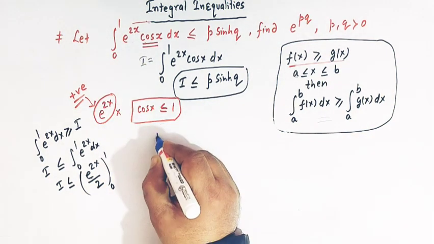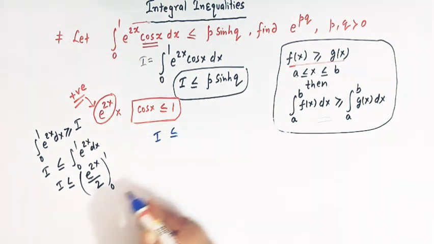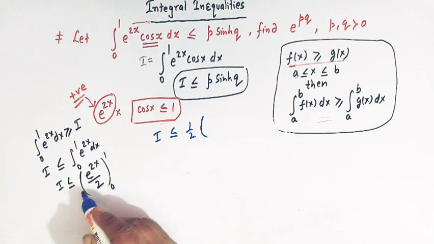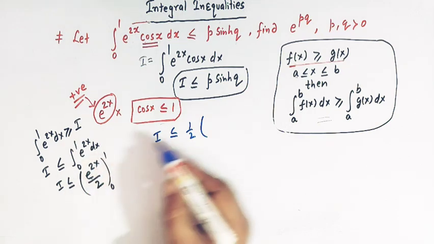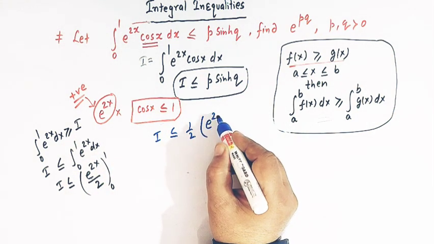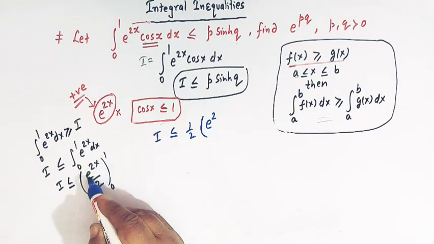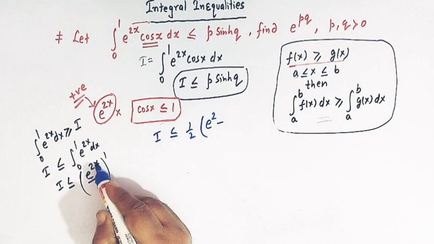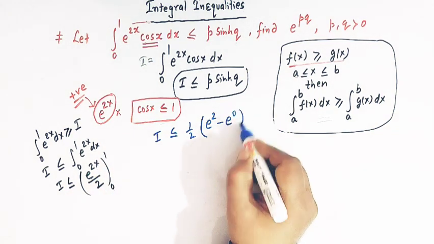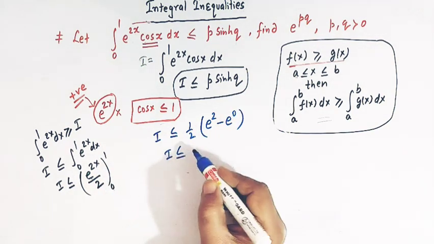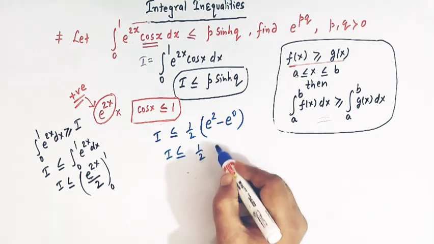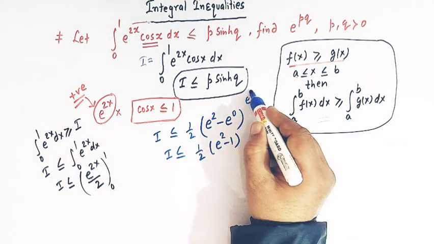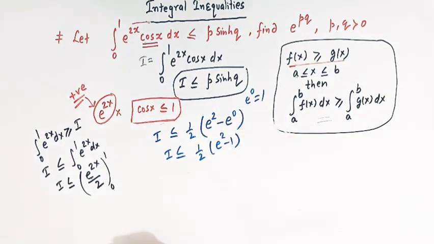So now we can write I less than or equal to, taking half outside and then substituting the limits, e raised to 2 times 1 is e square minus, and taking x equal to 0, here we have e raised to 0, right? So I is less than or equal to half times e square minus 1, because e raised to 0 is equal to 1, right?